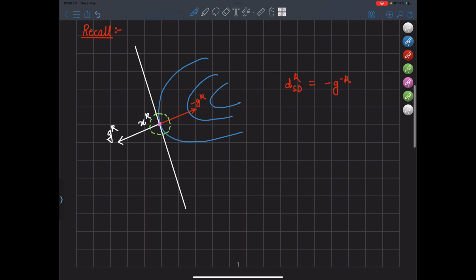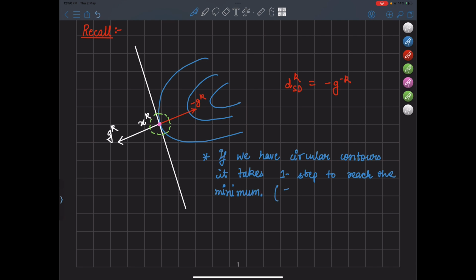There were some observations that we got with the steepest descent method: if we have circular contours, and we are using exact line search, whatever initial point you choose, you'll reach the minimum in one step.